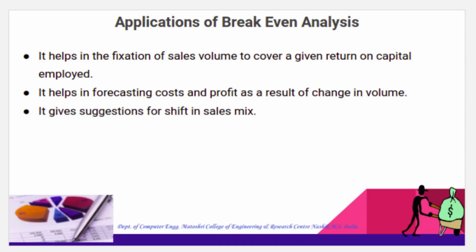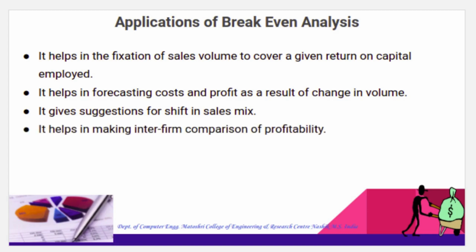When most people think about pricing, they primarily take into account how much their product costs to create and fail to consider overhead cost. Then it helps in making inter-firm comparison of profitability.